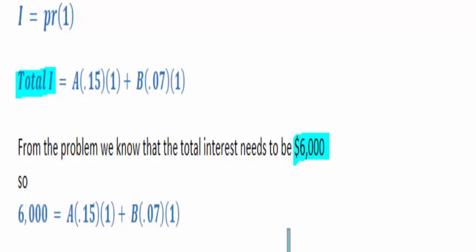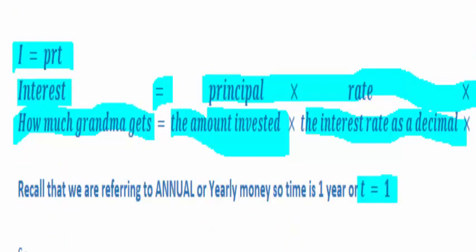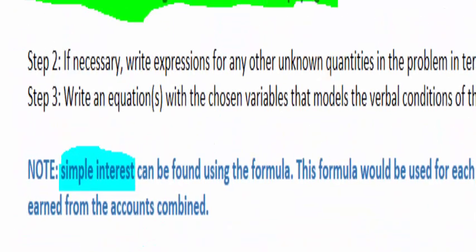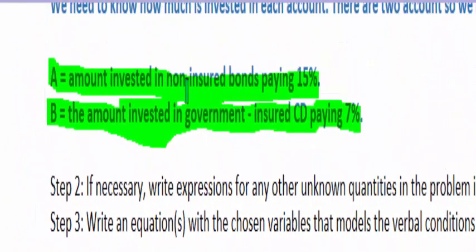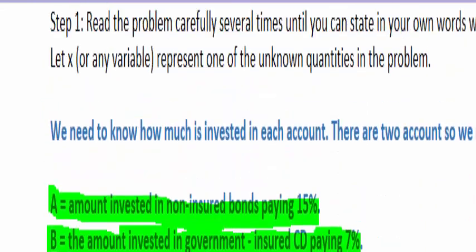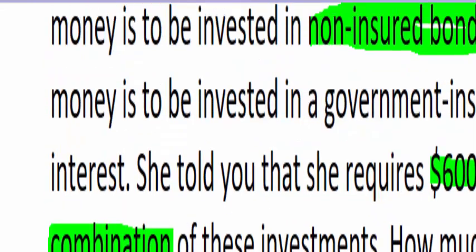Now the second equation we're going to find is, sometimes it's so easy, sometimes we overlook it. So let's go back up here. A is the amount invested in one account. B is the amount invested in the second account. And remember the total amount invested in both accounts. How much does Grandma have to invest total?